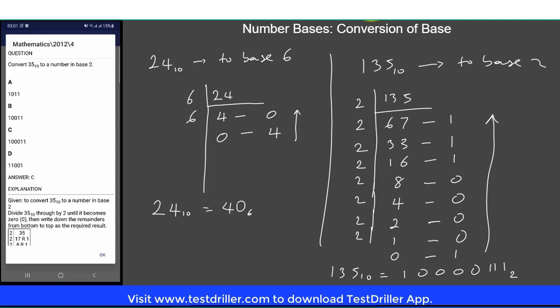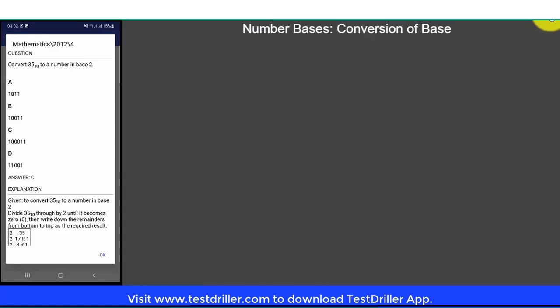So let's look at how to solve this. We take the 35, then we keep dividing by 2. So 35 divided by 2, that means 2 in 3 is 1, remainder 1. Then 2 in 15 will give us 7. The remainder here is 1.